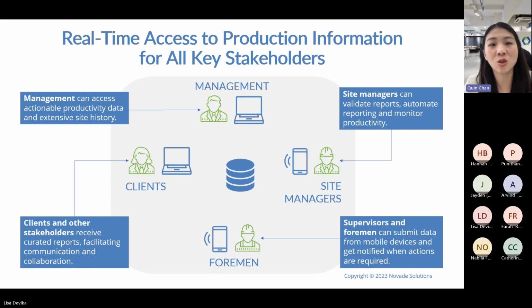So managers don't have to ask the site supervisor to send reports, because everything is prepared instantly. So site managers can free up their time to do other jobs to manage productivity, and the client can also get involved. So we do have different levels of access. Okay, next.